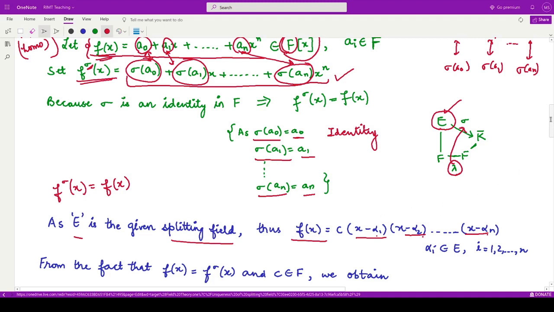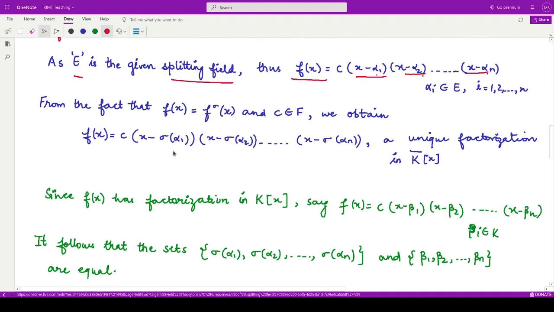And because we have f(x) equal to f sigma x, we can write f(x) as c times x minus sigma alpha 1, x minus sigma alpha 2, and so on. Why? Because this mapping is an identity mapping and sigma alpha 1 is equivalent to alpha 1, and so on. So this is the polynomial that we wrote.